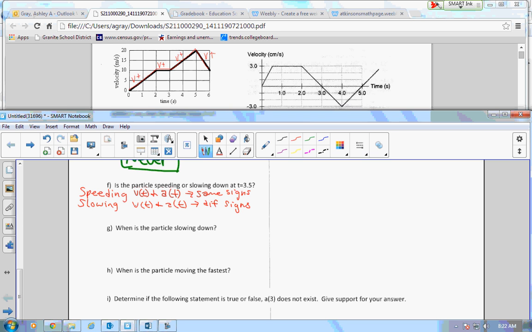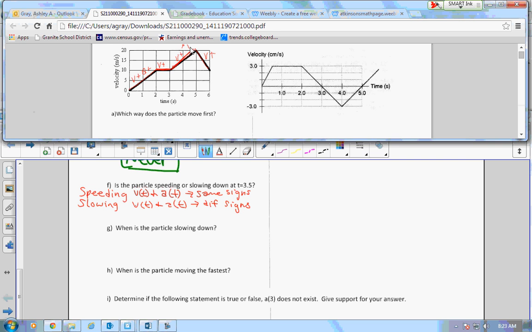It's increasing, this positive slope, so acceleration is positive. What's acceleration here? 0. What's the acceleration here? Positive, because it's increasing. What's acceleration here? Negative, because it's going down.